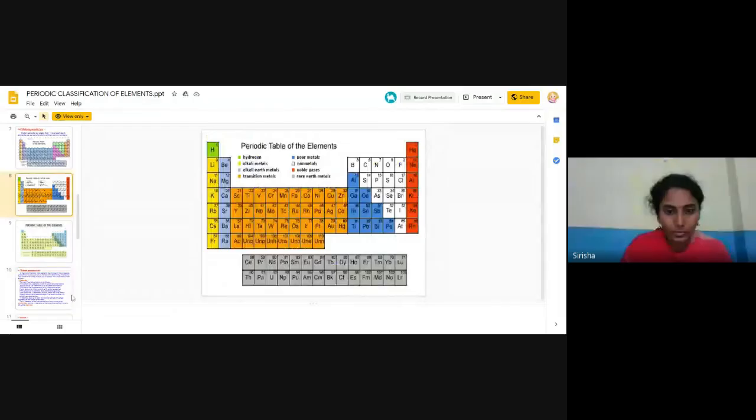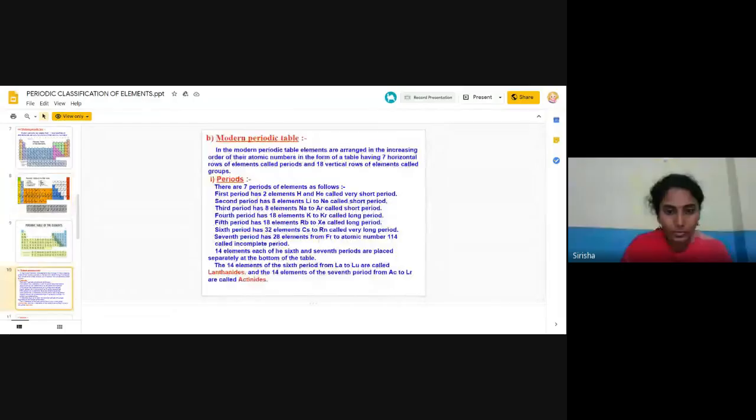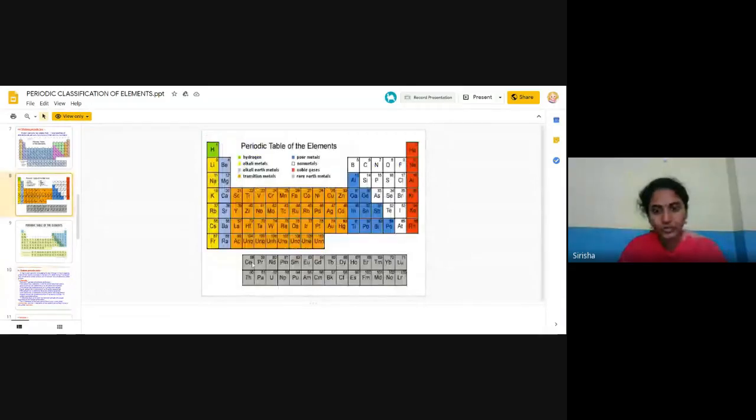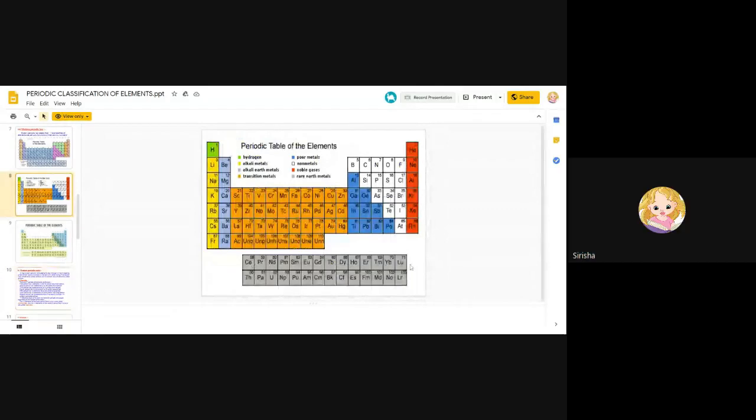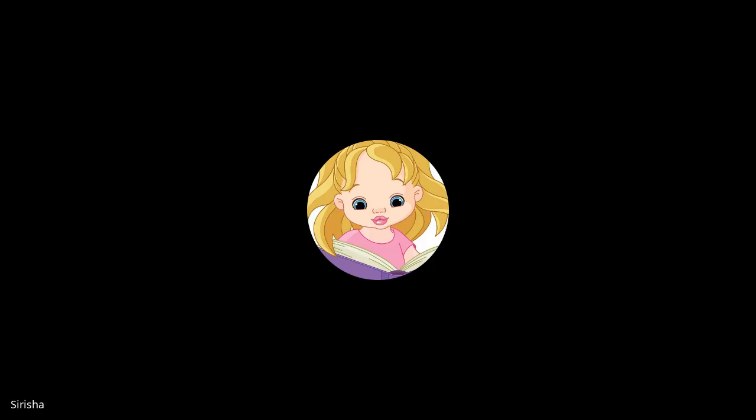The 14 elements in the 6th period, from lanthanum to lutetium, are called lanthanides, from 58 cerium to lutetium. And the 14 elements of the 7th period, from actinium to lawrencium, are called actinides.